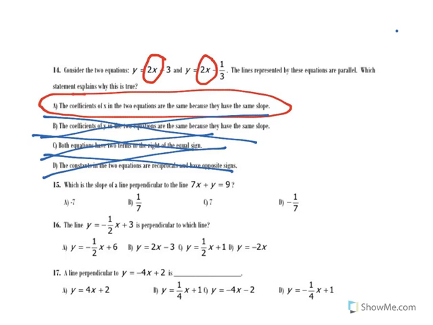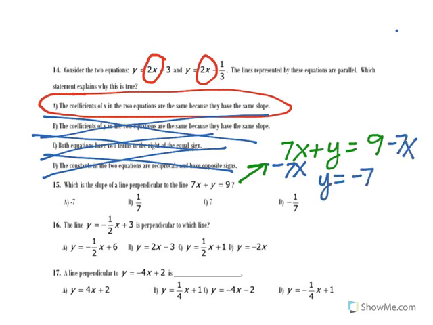Number 15 says, which is the slope of a line perpendicular to the line 7x plus y equals 9? Before you can find a perpendicular slope, you have to get y by itself. So we subtract 7x from both sides, and we're left with y equals negative 7x plus 9.